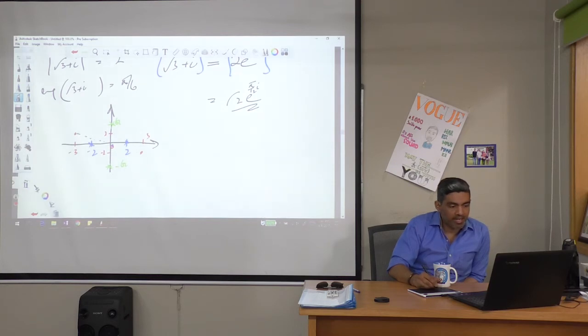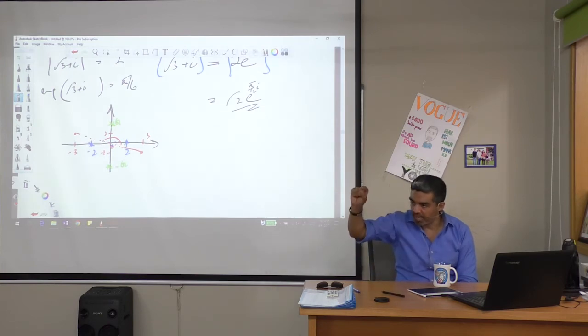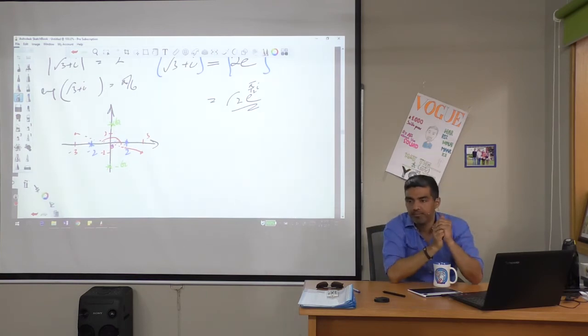They are exactly symmetrically distributed around the origin with an angle difference of pi. This will always be the case. Whenever one square root stands in the Argand diagram, the other square root has to be exactly 180 degrees on the other end. This will always be the case.